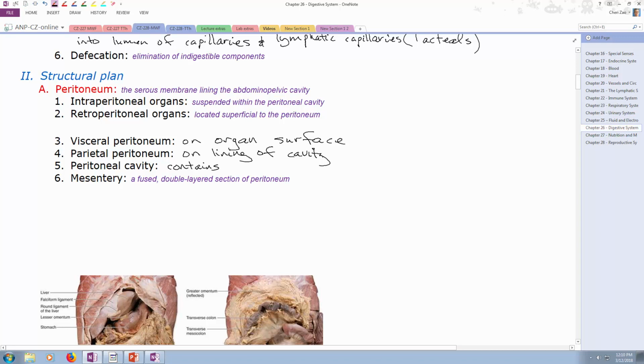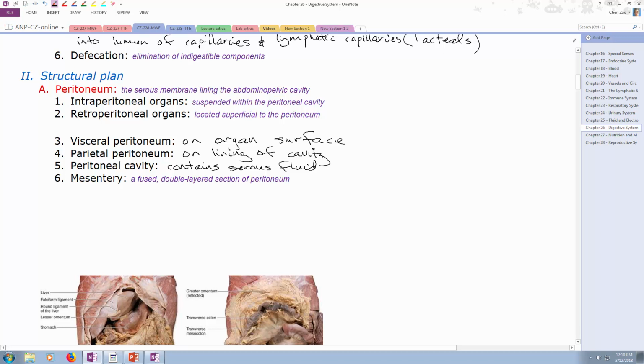What type of fluid would that be? Serous fluid. And it does what we have always learned about. When we have a little bit of serous fluid in any sort of cavity between the parietal and visceral surfaces, that is designed to decrease friction, because we have things in the abdominal pelvic cavity that move around, and so we want them to move around relatively friction-free so that we don't have any pain.